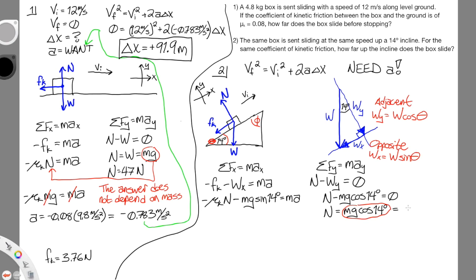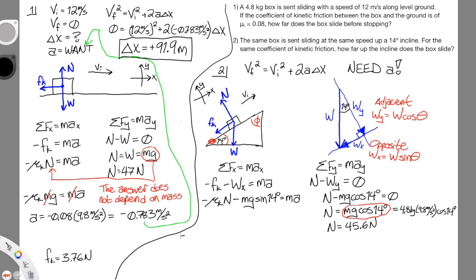So plugging in some values for the normal force, m is still 4.8 kilograms. g is still 9.8 meters per second squared times the cosine of 14 degrees. The normal force is equal to, in this case, 45.6 newtons. So note we have a smaller normal force than we did before. Now we can plug this into our x direction equation.